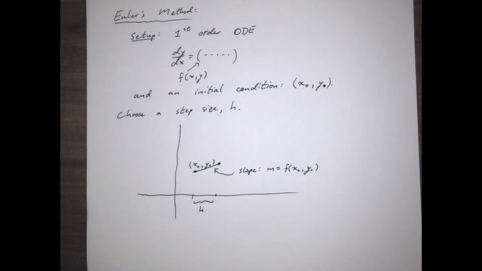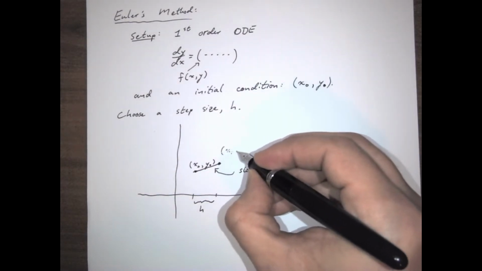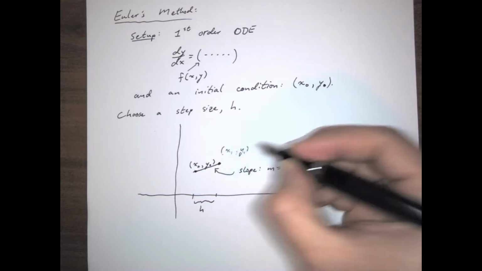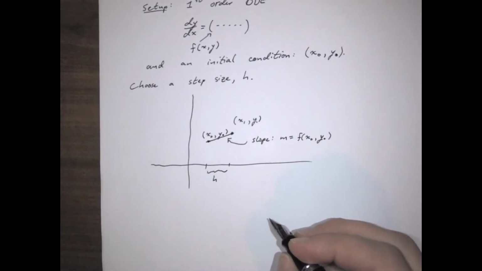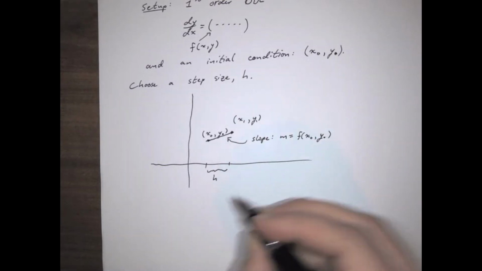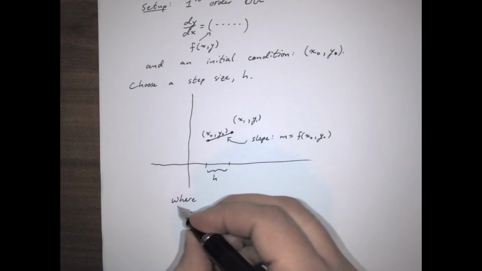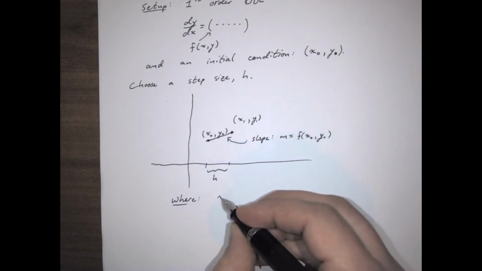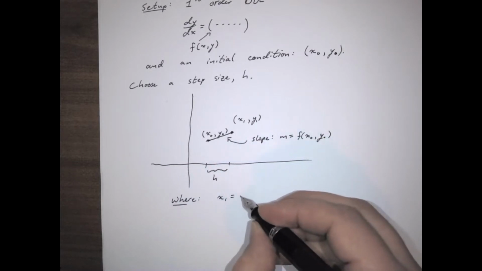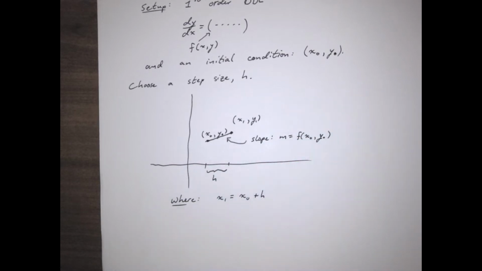The next value we'll write x1, y1. And x1 is just going to be the original x plus h, the step size.